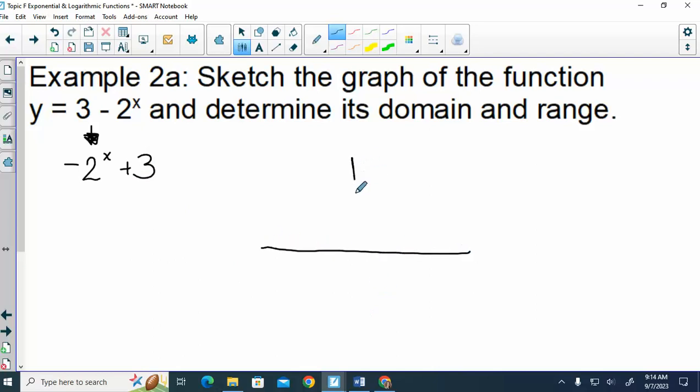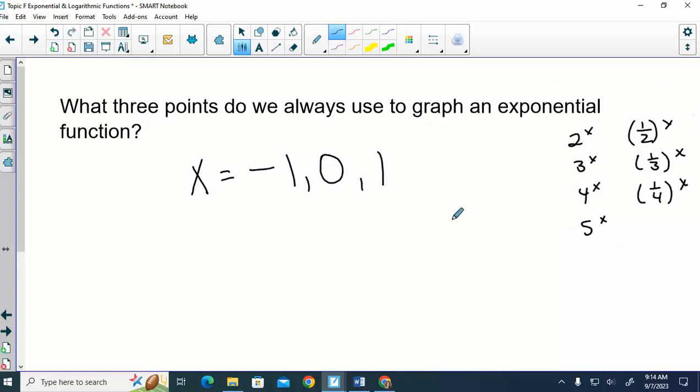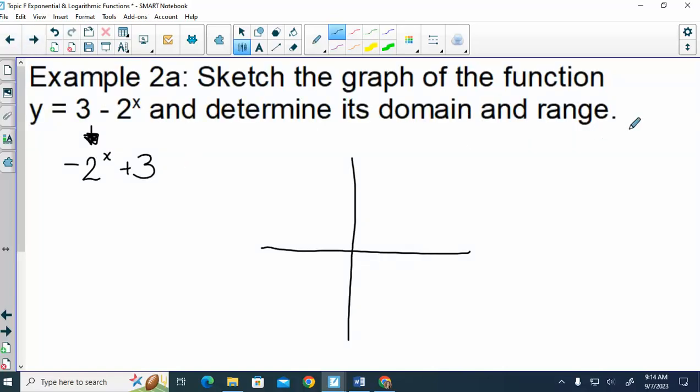What would I use for my parent function? Parent function is one of these, just your basic exponential. So in this case, it would have to be 2 to the x.